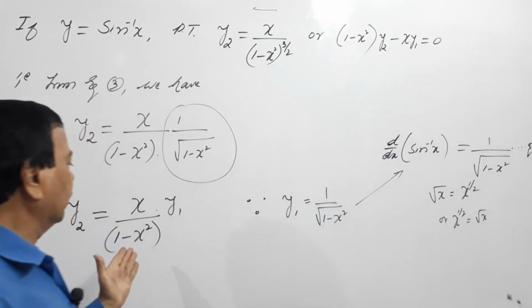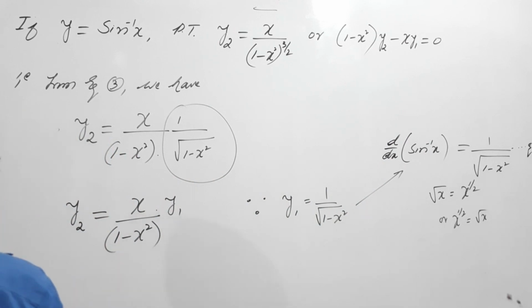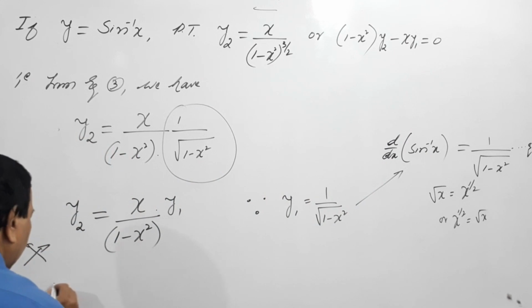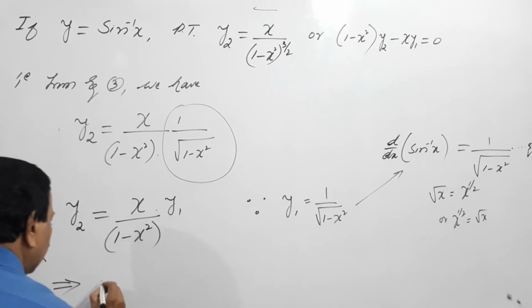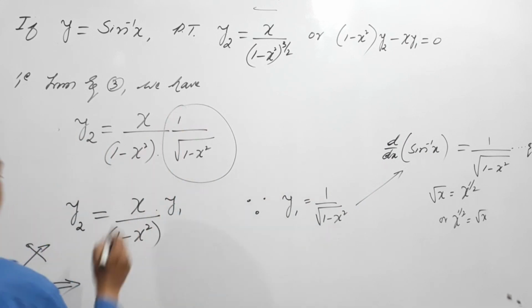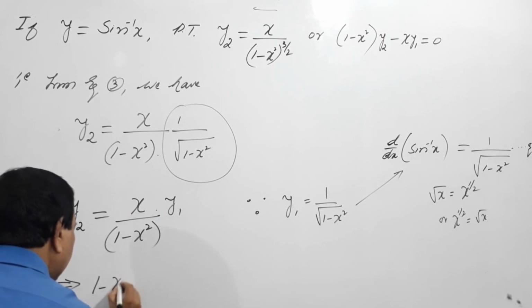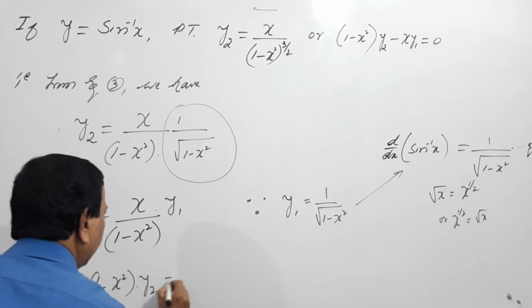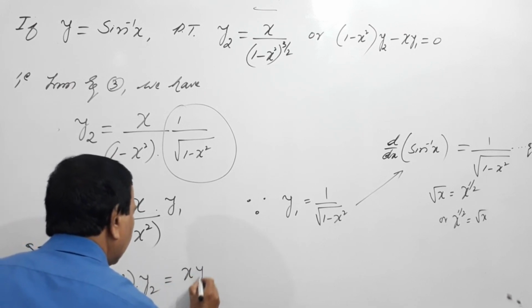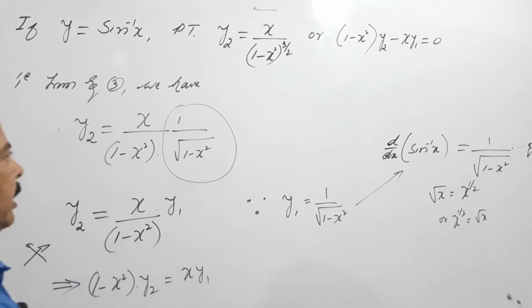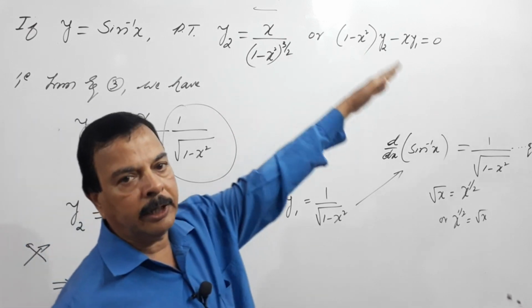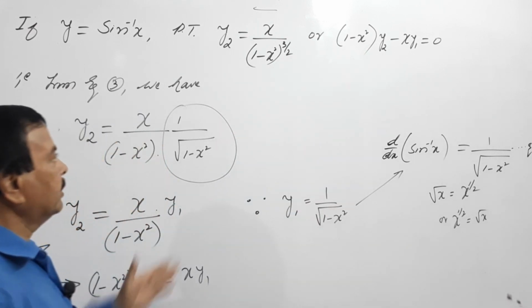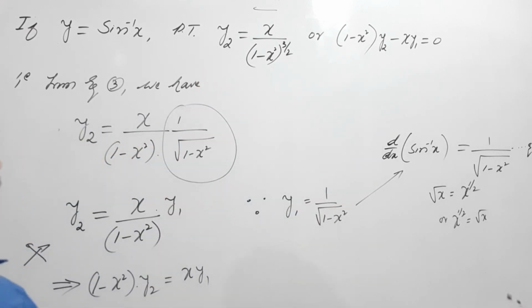We have already got it. If I cross multiply, that is how he wants: 1 minus x square into y2 equals x y1. So x y1 is plus, on the right hand side. If I bring it to the left hand side, we get that. Simple.